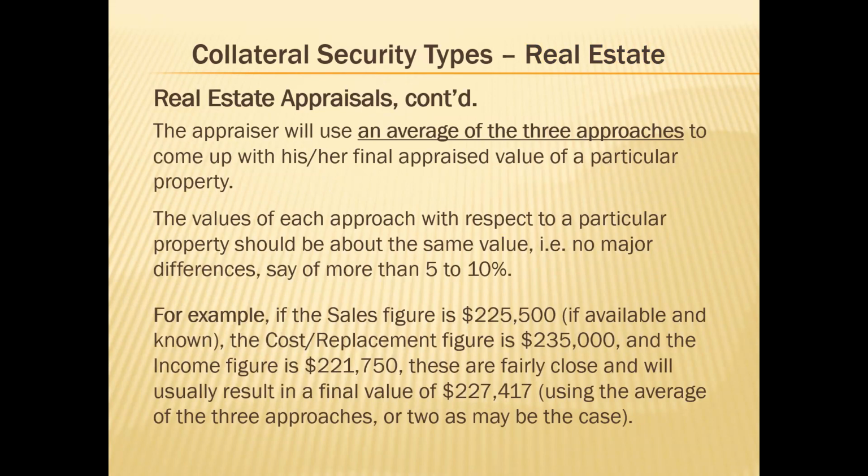We said the value of each approach with respect to a particular property should be about the same. That is, no major differences, say no more than 5 or 10%. The example was if a sales figure is 225.5, the cost replacement figure is 235, and the income approach figure is 221,750, these three are fairly close and will result in a final value of just over $227,000 using the simple average of the three approaches.